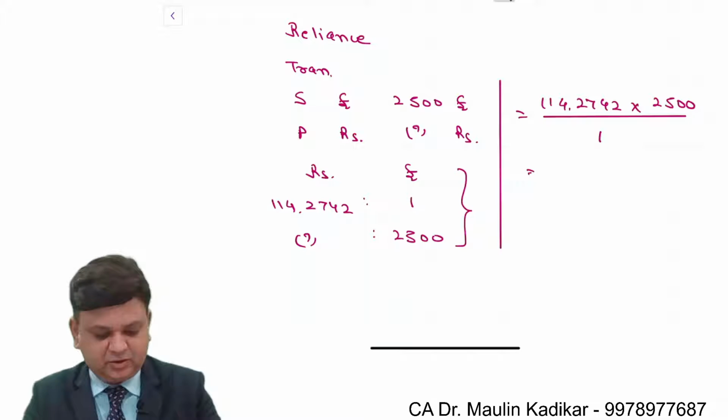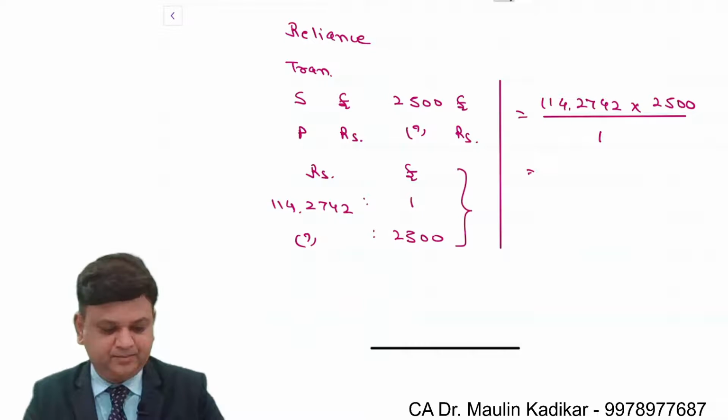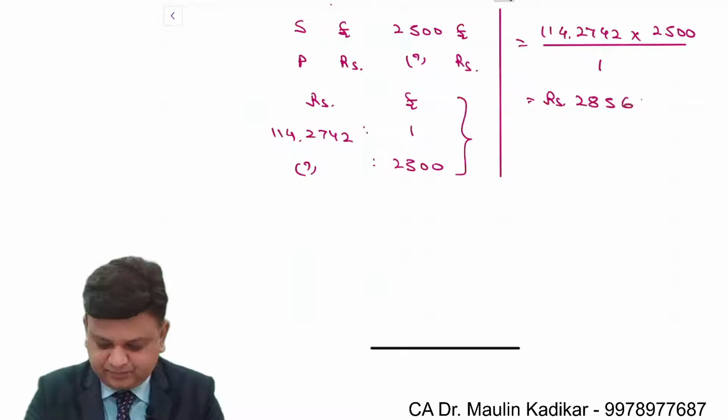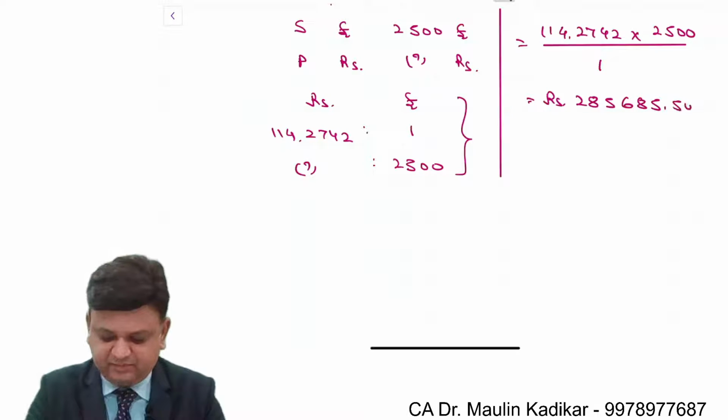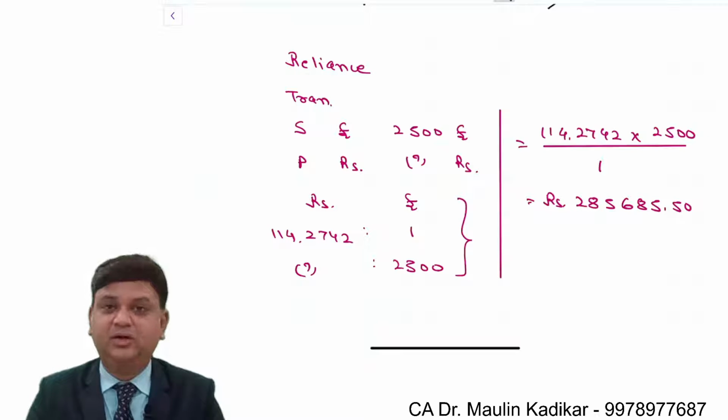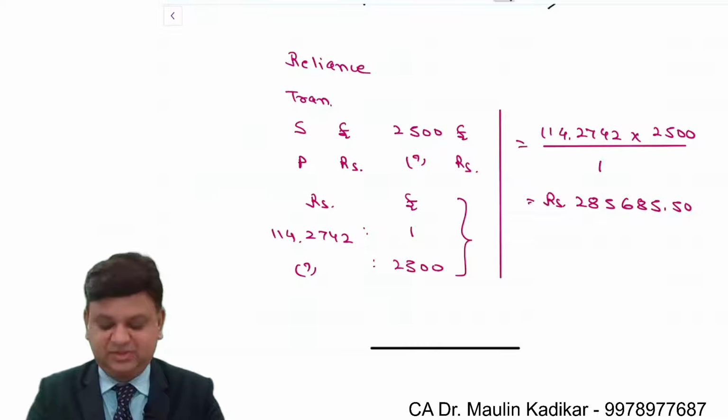That comes to rupees 2,85,685.5. We are doing this answer as if we have not done the earlier answer, and this is how we can have a cross verification.